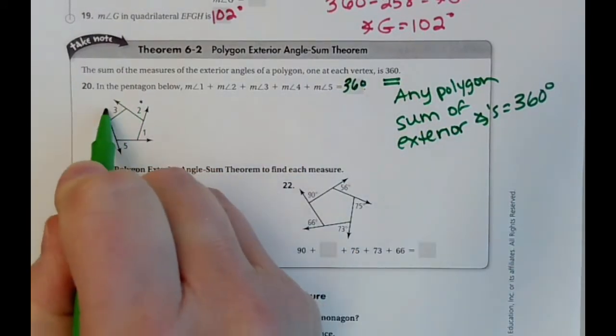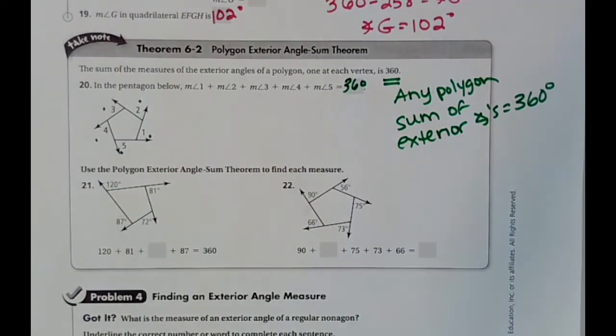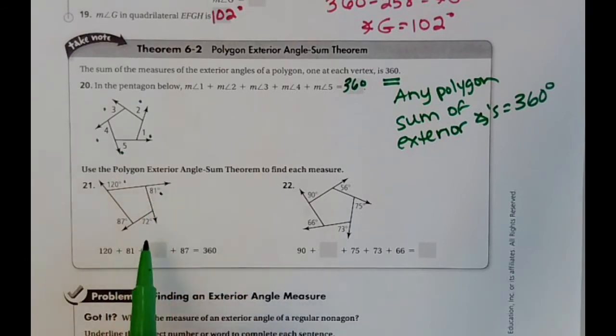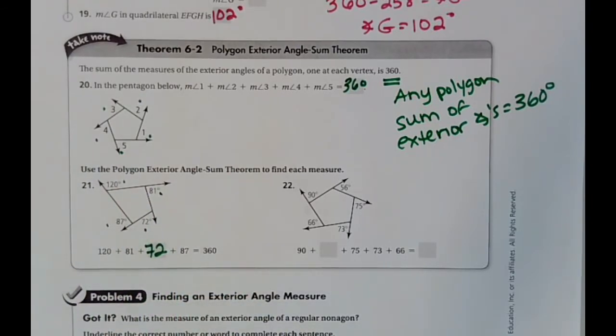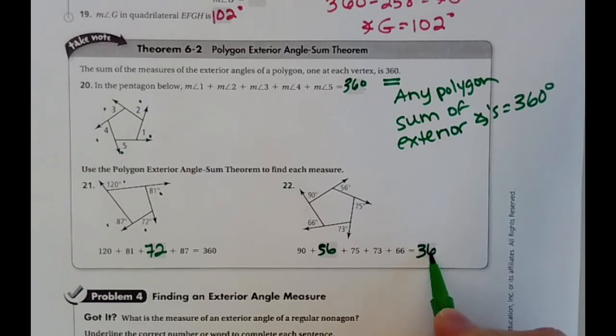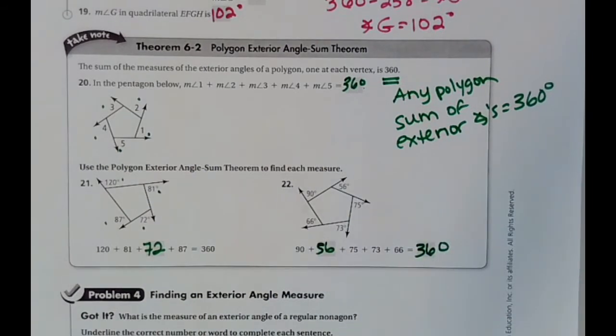These exterior angles, remember an exterior angle is outside the polygon. There's one exterior angle for each interior angle. So I know that 120 plus 81 plus 72 plus 87 is going to give me the 360. Just like here, I'm adding up all the way around, which gives me that 360.